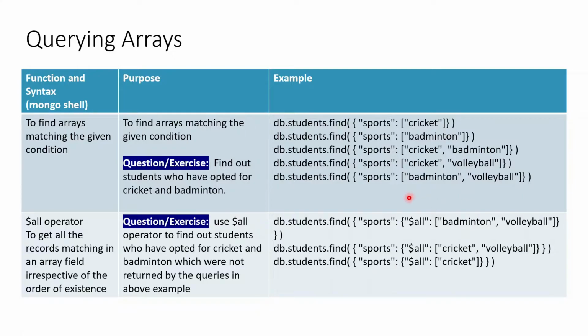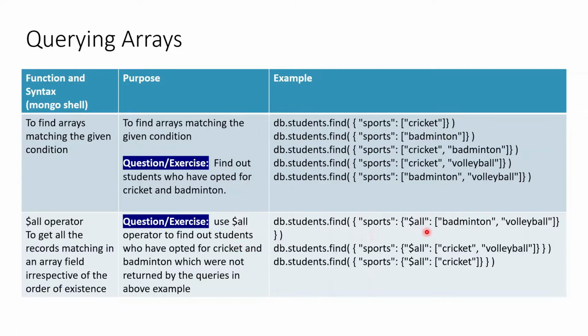I want to find out the students who play badminton and volleyball, but it can be stored in any sequence in the database. We might have stored volleyball first, badminton second. In that case, if we want to find such records irrespective of their ordering in the collection or array, how can we do that?